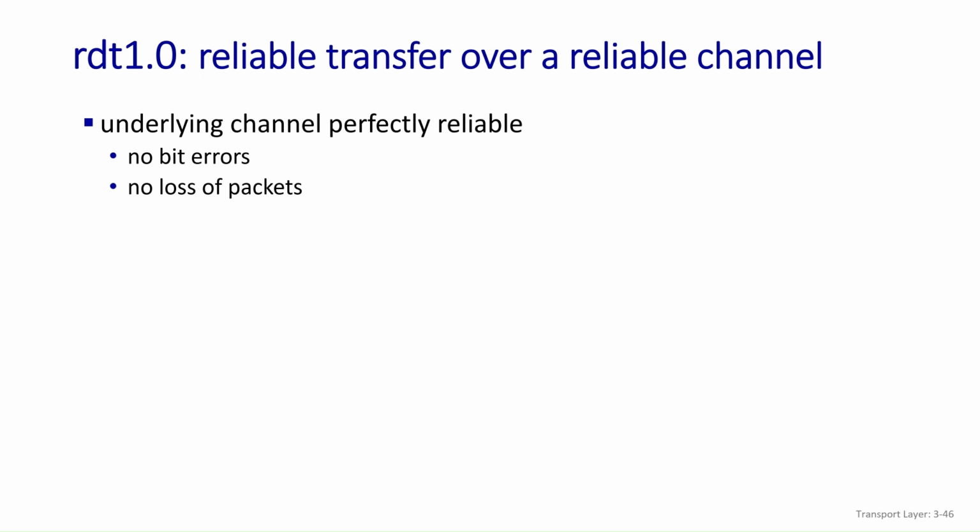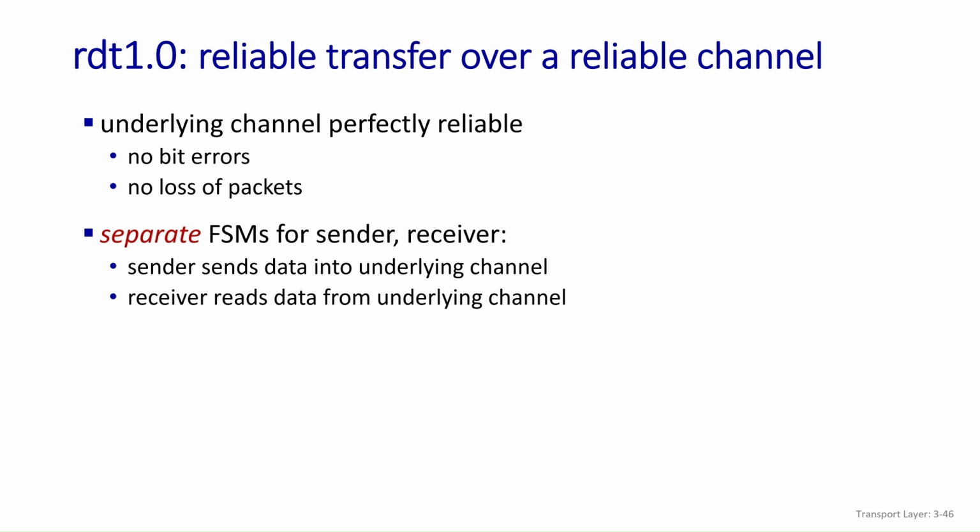So this seems a very ideal, perfect underlying channel, with no errors and no loss of packets. If I want to develop a reliable data transfer protocol for such a channel, it's very simple. I need one state at the sender and one state at the receiver.